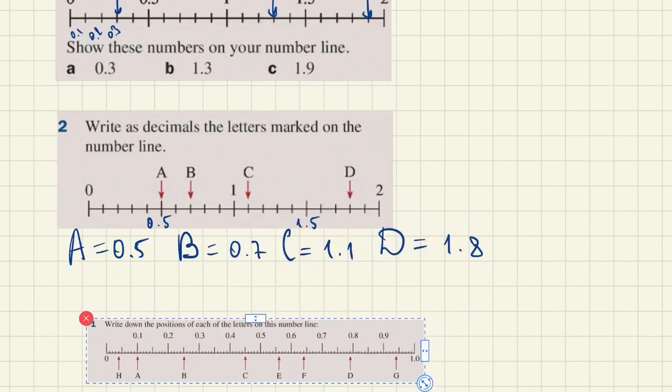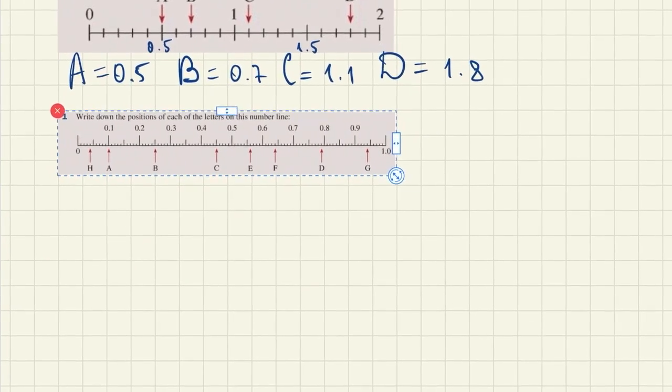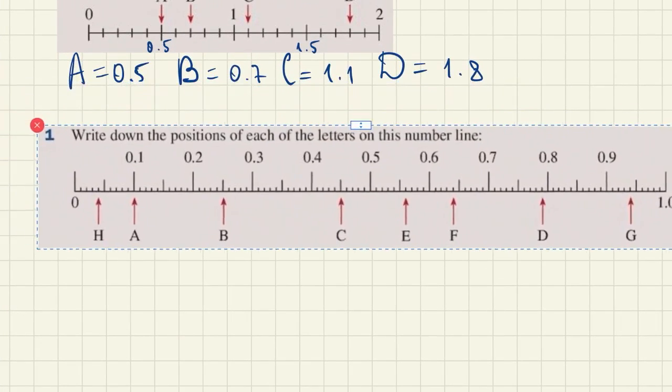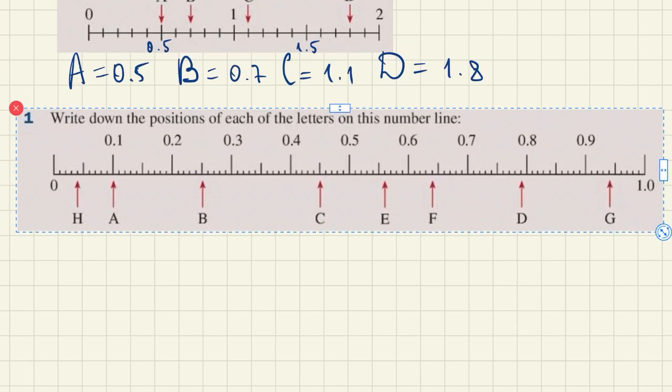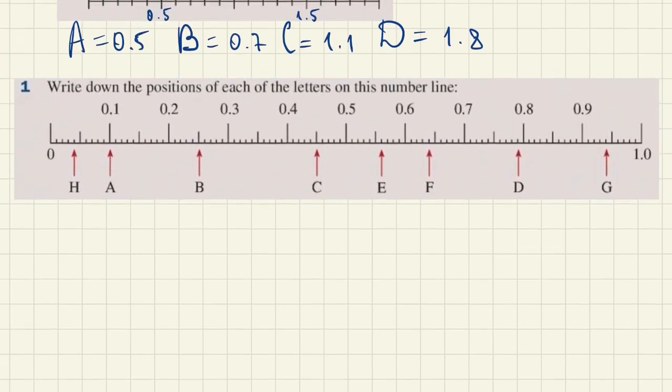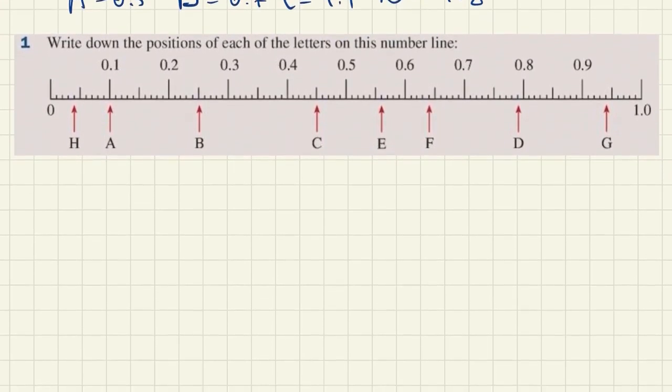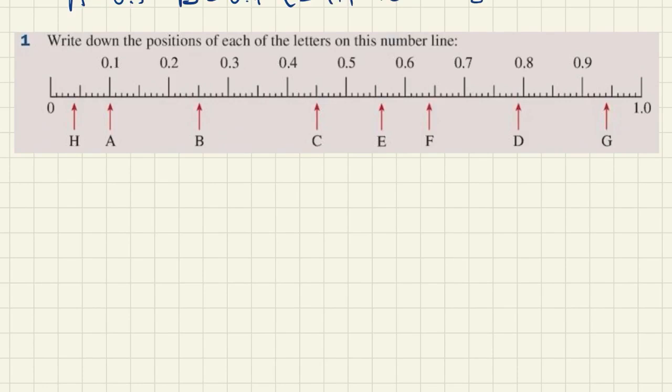Okay, next one is a bit more challenging. I'm going to make it bigger. Write down the positions of each of the letters on this number line. Okay, so we're gonna start with A again. So here, this is not tenths, this is not thousandths actually.